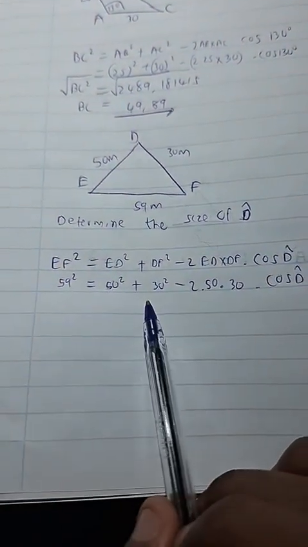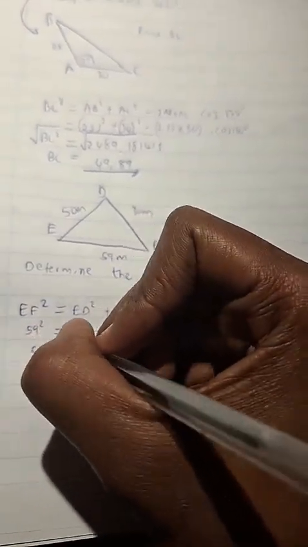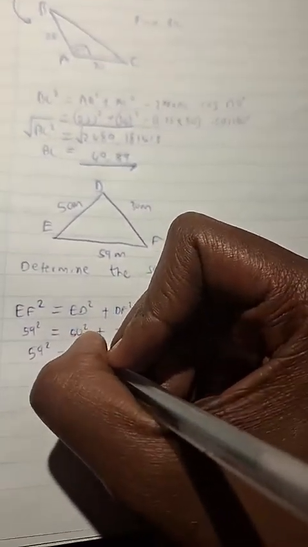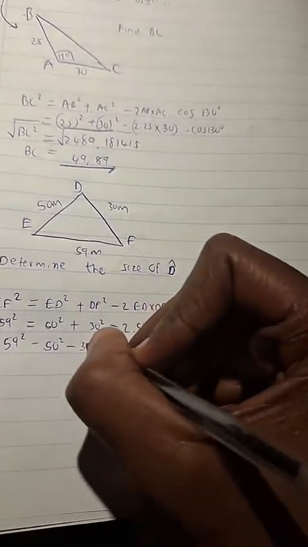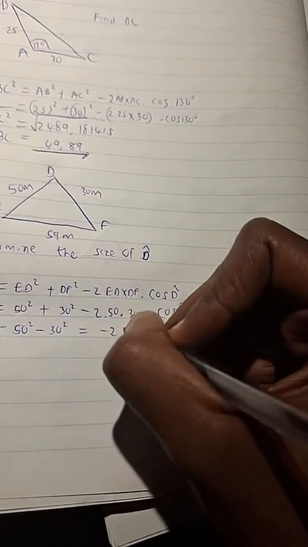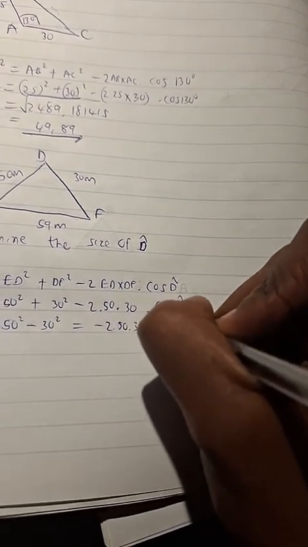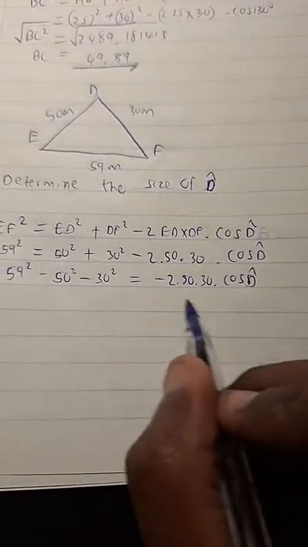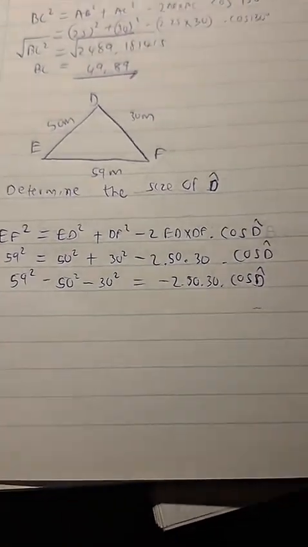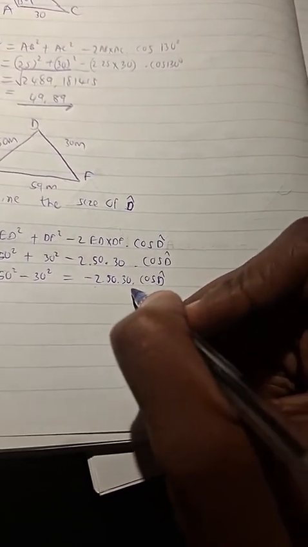So now at this stage, I can say 59 squared minus 50 squared minus 30 squared is equal to negative 2 times 50 times 30 times cos of angle D. Then I'll divide both sides by negative 2 times 50 times 30.